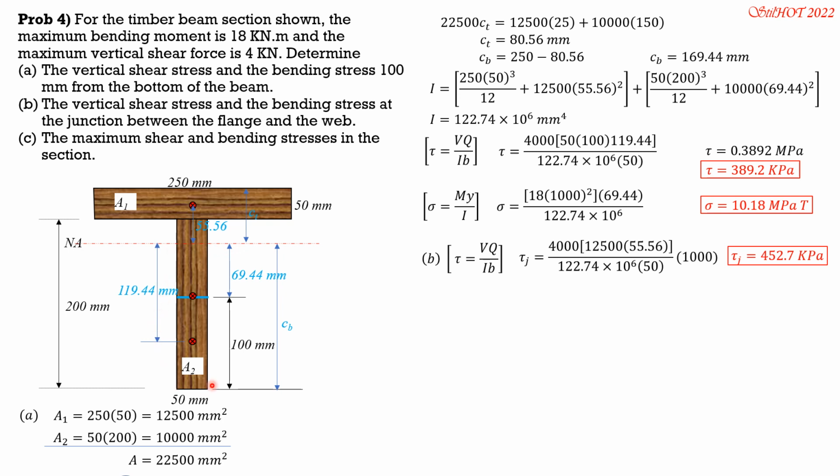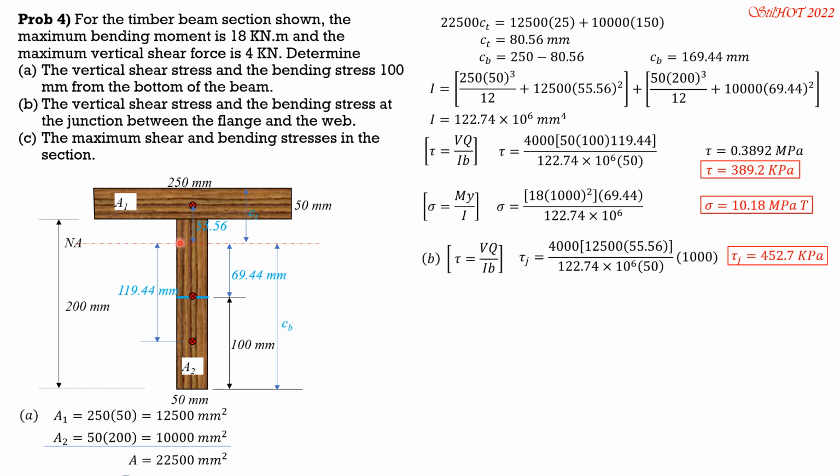So this is the alternate Q. 50 times 169.44, then its distance to the centroid is 169.44 divided by 2.